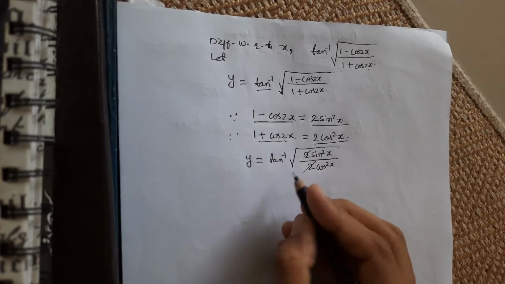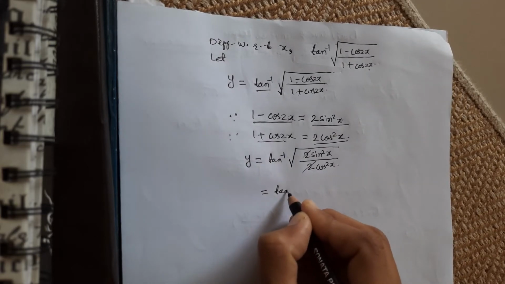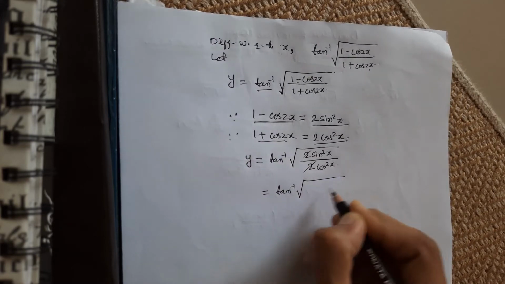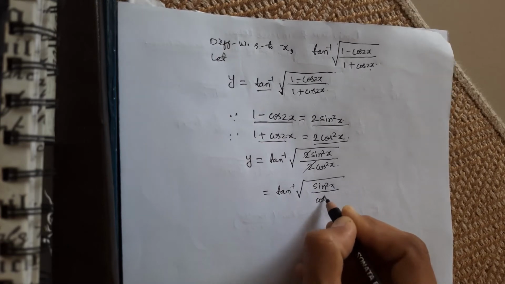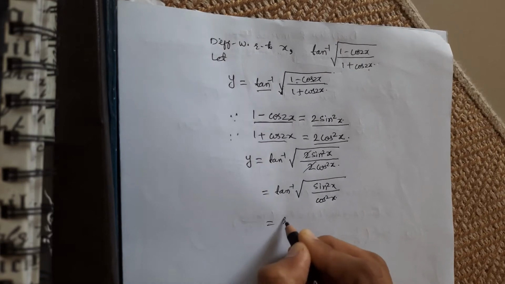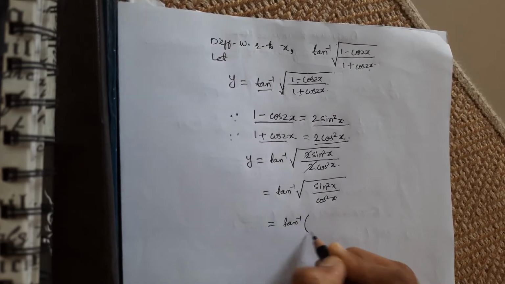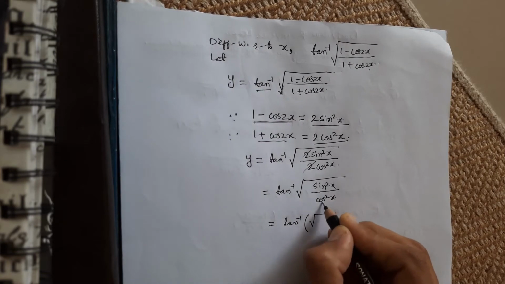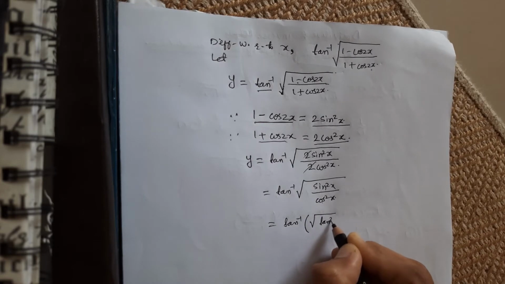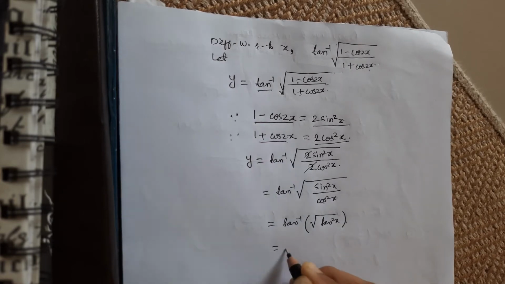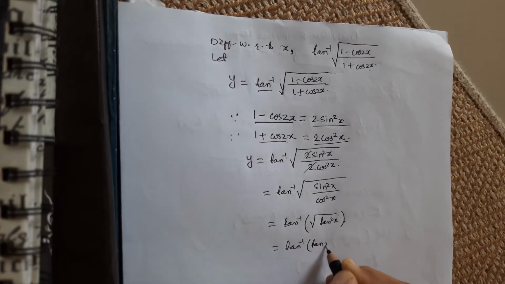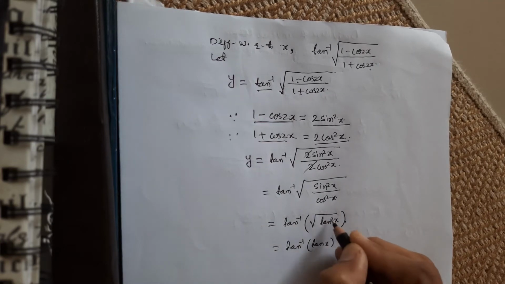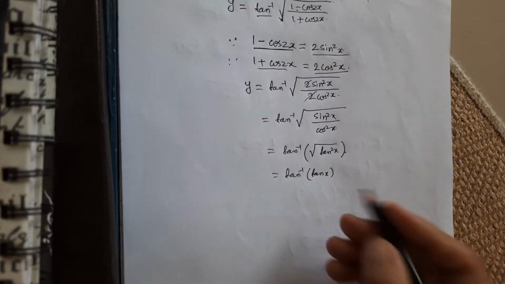Now the 2s cancel, and I get tan inverse of root sin square x upon cos square x, which is tan inverse of root tan square x, since sin upon cos is tan. The square root of the square is simply the function, tan x.